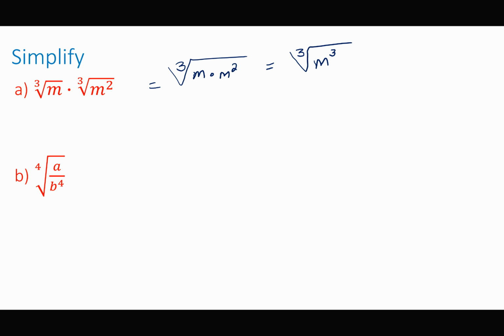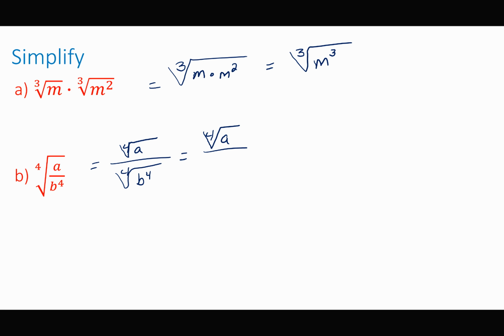If I were working with a quotient, well, we just talked about this. This is the fourth root of a divided by the fourth root of b to the fourth. My numerator is still the fourth root of a.